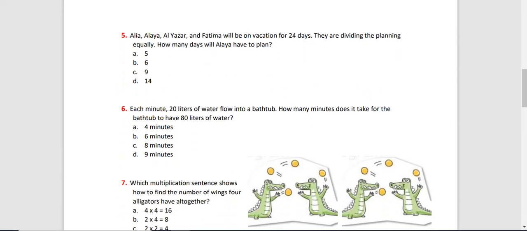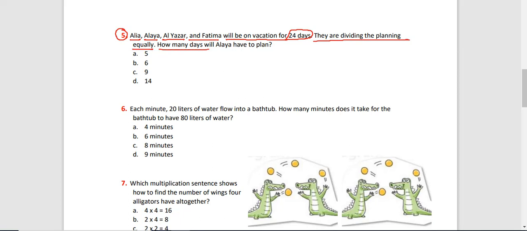Question number 5. Alia, Alaya, Aliazar, and Fatima will be on vacation for 24 days. They are dividing the planning equally.